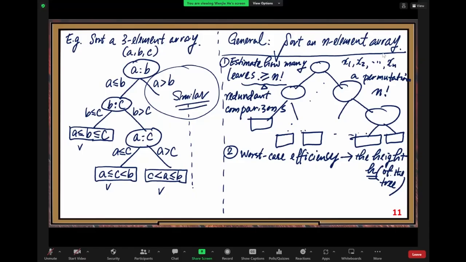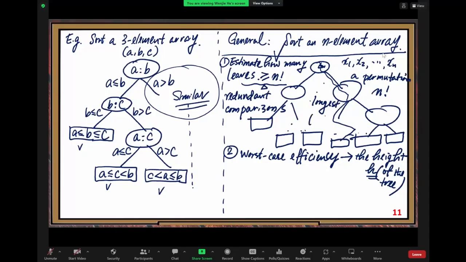So here, the height of the whole tree, we look at from the root. So our starting point is at the root. Then we want to follow a path, reach the bottom, reach a leaf node, and that path must be the longest path.